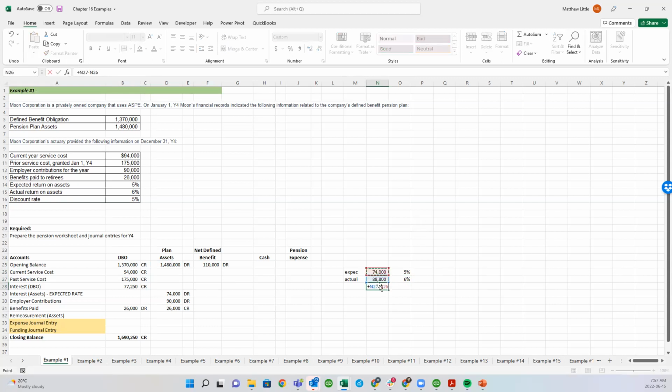The difference would be our remeasurement. And because the actual exceeded our expected, it is an additional debit to our plan assets. So the sum of the expected rate plus the remeasurement should equal our actual. And that's all our entries for our plan assets. So in this case, we've got our debit plus our debit plus the debit plus the debit minus the credit is 1,632 as a debit balance.